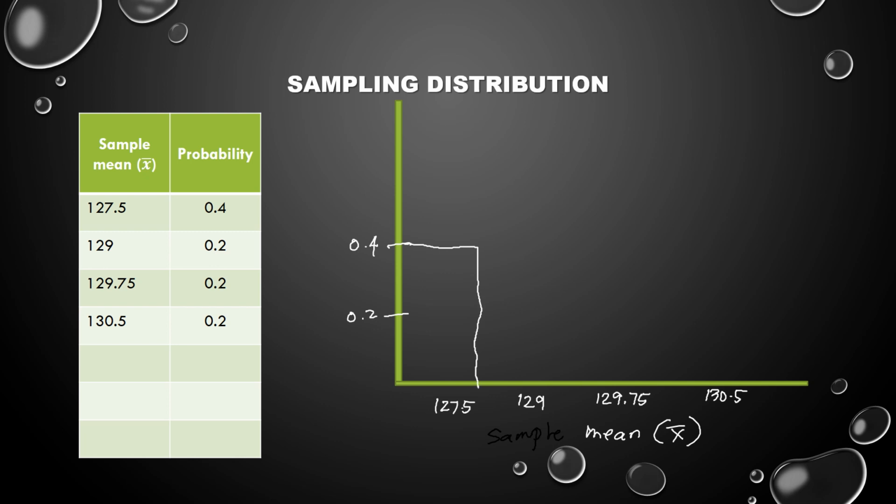So that is for the 127.5 as the sample mean. It has a probability equal to 0.4. Next up, we have our 129, and that is with a probability equal to 0.2. And it also follows for the rest of the sample means. They have a probability which is equal to 0.2.